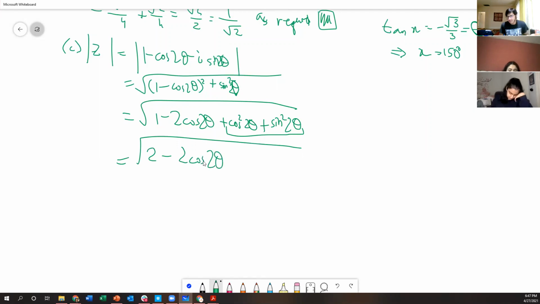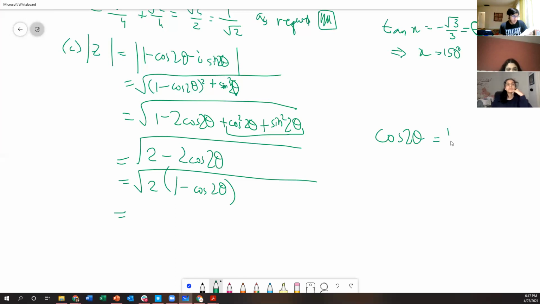Now I have to end up using the double angle identity. I know because there's no other option. I have to in order to simplify this. So I can actually factor out a 2 here. If I have 1 minus cos 2 theta, I'm going to directly substitute this in. Your formula sheet doesn't have a formula for 1 minus cos 2 theta, but the formula is cos 2 theta equals 1 minus 2 sine squared theta.